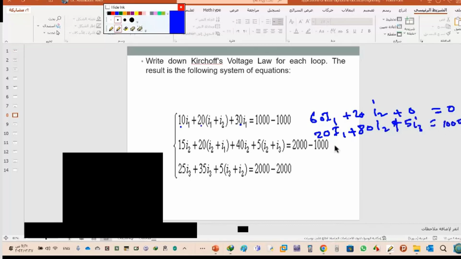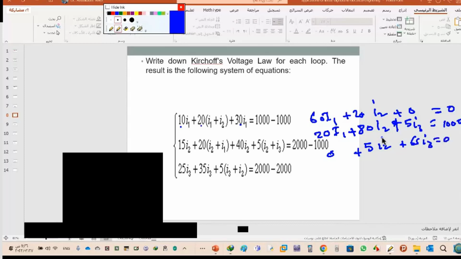Now here I1 is 0, we don't have it. Plus 5 I2, plus here 25, 35 and 5, so we have 5, 40, 20, 65 I3 equal 0.